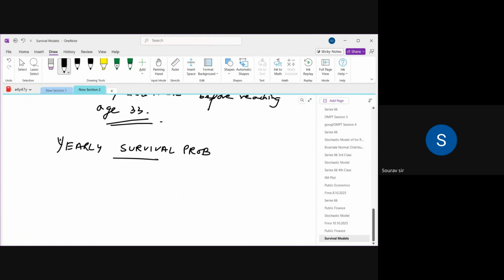That is p30, so that is L31 by L30, so 450 by 500, that is 0.90.